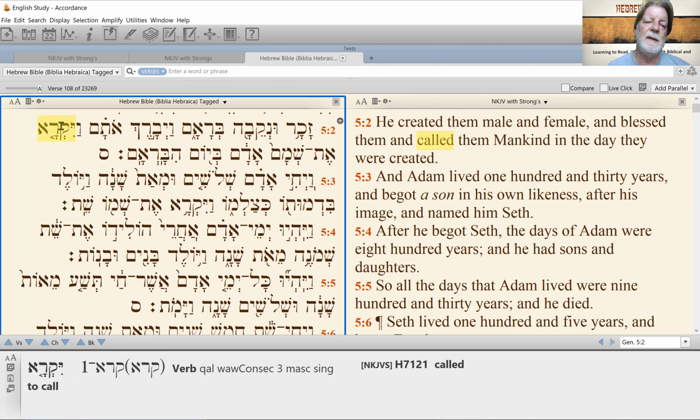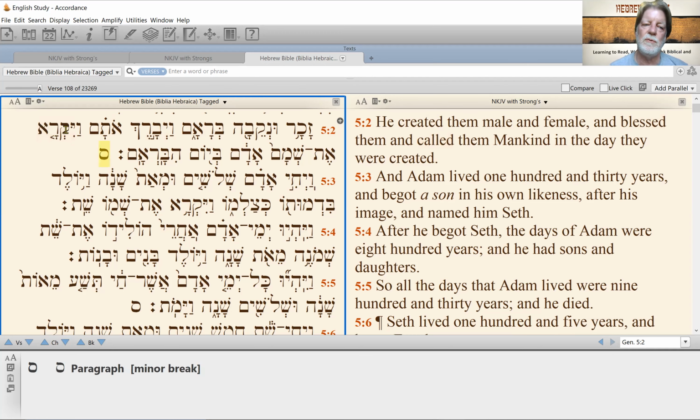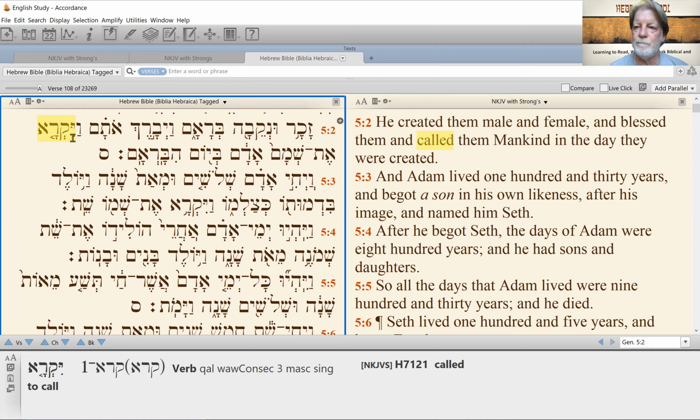Vayikra, he called. Look at the information window down at the bottom. This is a kal verb stem, the simple stem. It's third person, masculine, singular. But the interesting thing is, notice that the three-letter root word, kara, which means to call, has a prefix.